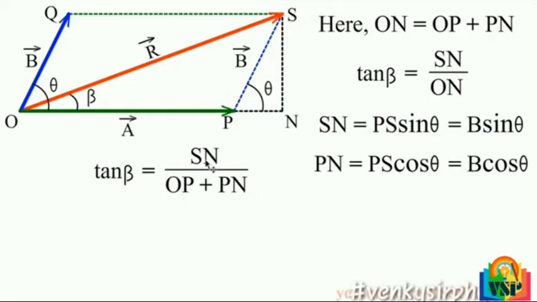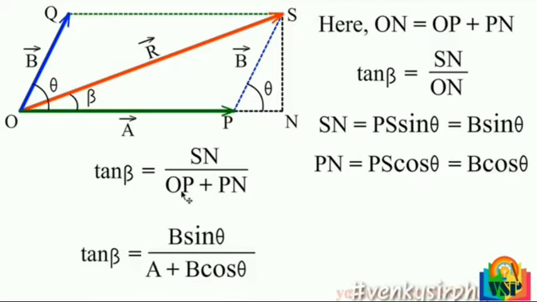Tan beta is equal to B sin theta by A plus B cos theta.